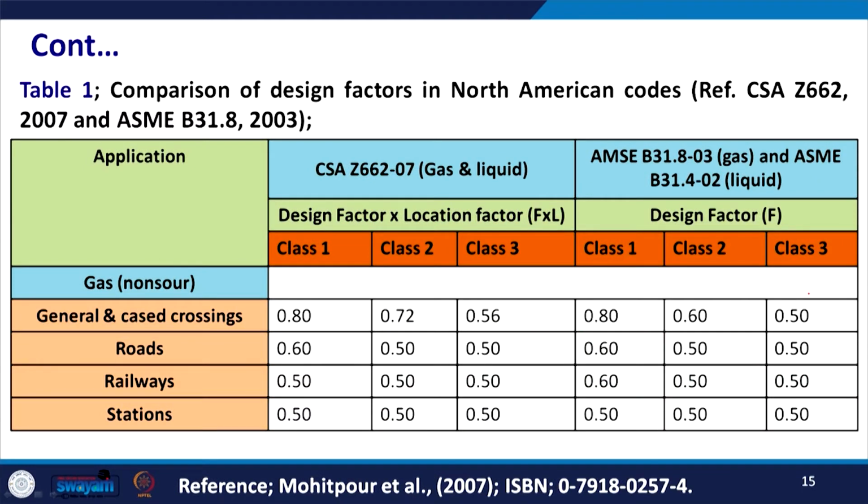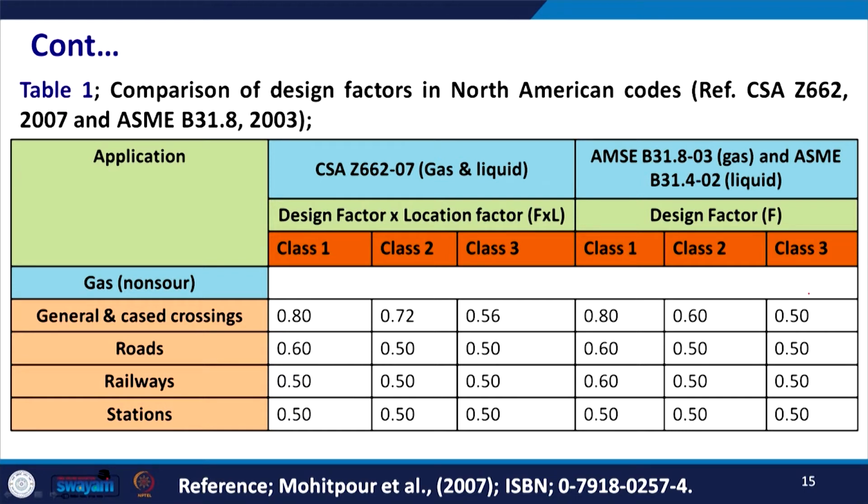Now, in this table there is a comparison of design factors in North American codes. We have given the reference. You see we have enlisted various applications like gas, and we have the Canadian Standards Association references and then ASME standards.